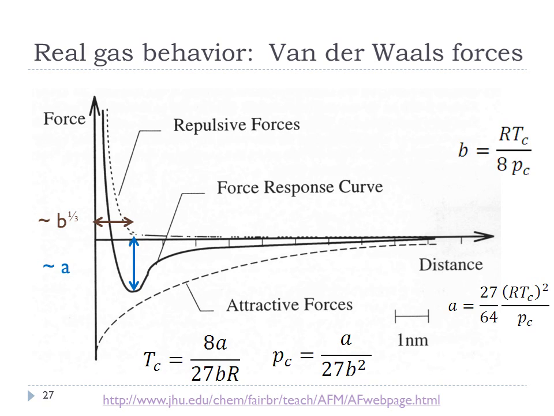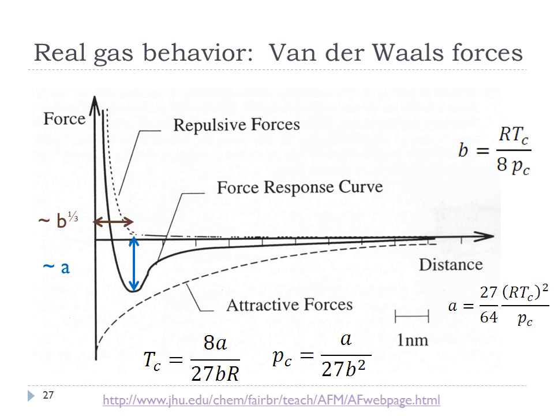And because of that, the shape you get is this kind of well, and the location of the minimum in the well is defined here as b to the 1/3. I'll explain b in just a second. And the depth of the well is defined as a.